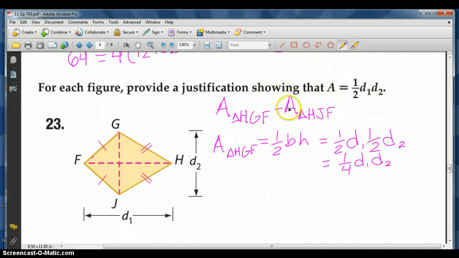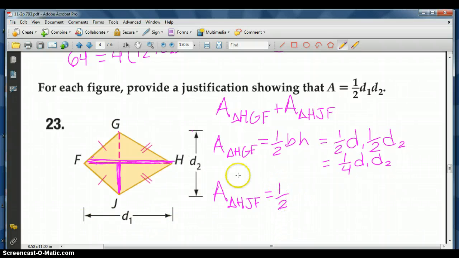So we want to do the same thing for triangle HJF. So triangle HJF, we can call this the base and this the height. So the base would be the same length as it is here.